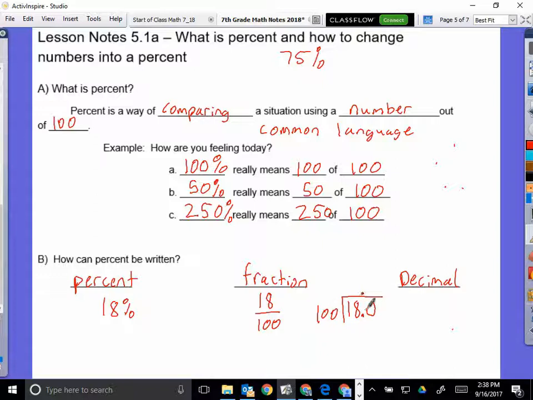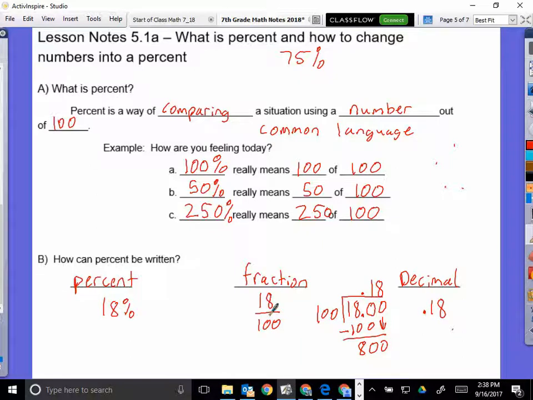Now we're taking 100 into 180. That's going to go in there one time. 100 times 1 is 100. Take that away. We have 80. Still got a remainder. Don't want it. Drop a 0. 100 goes into 800 8 times. All right. So that would come out to 0.18. All right, it's three different ways that we can show how a percent can be written.